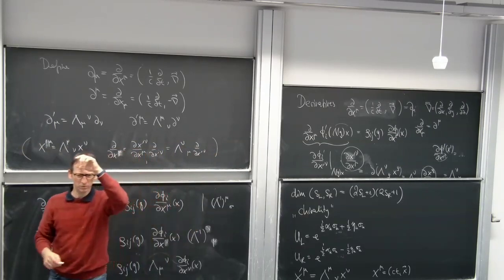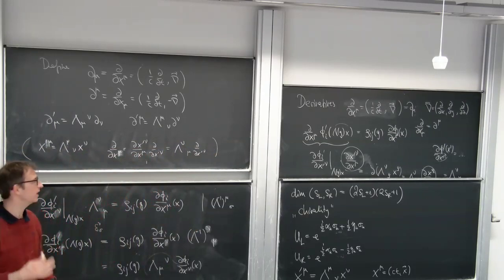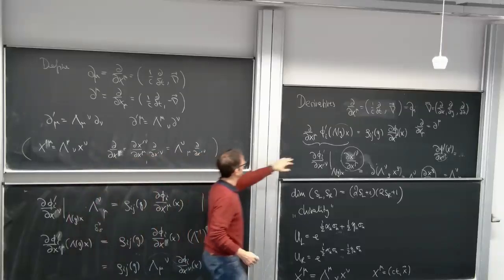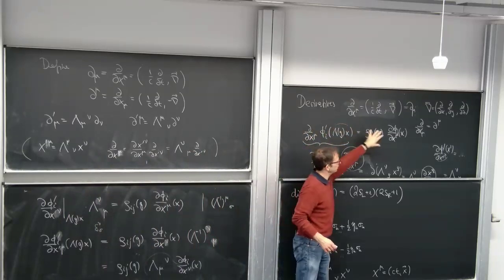But then you would have asked me, it's not acting on anything. It looks weird. Why would you do the chain rule? How is this helping? Does it still work when you apply it? Yes, the chain rule is the right thing here because you have an equation that depends on x.